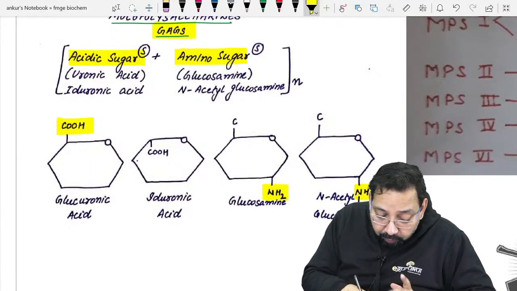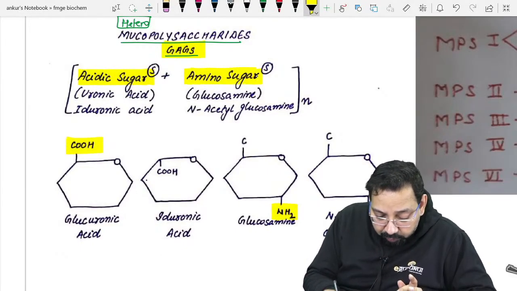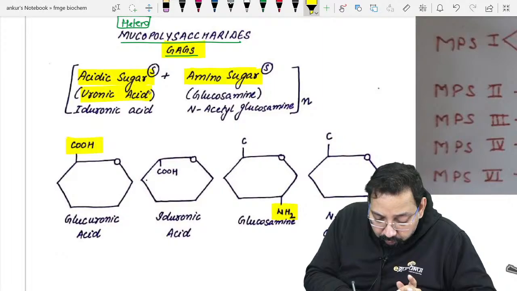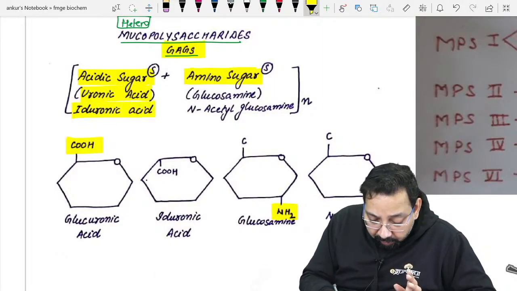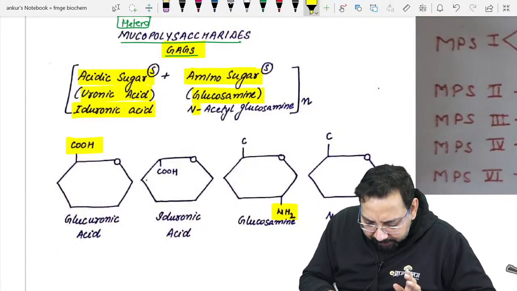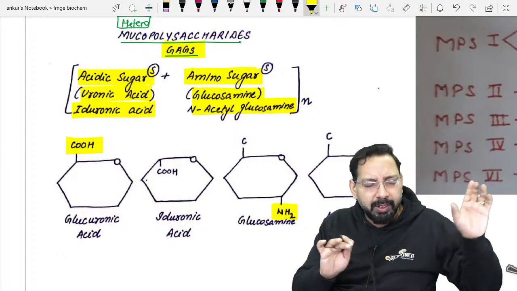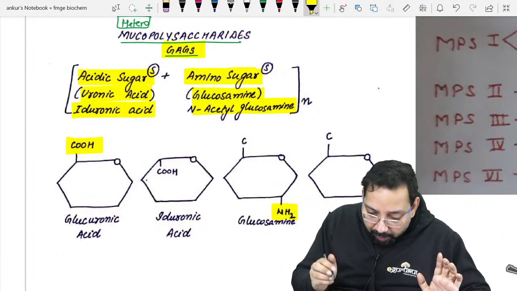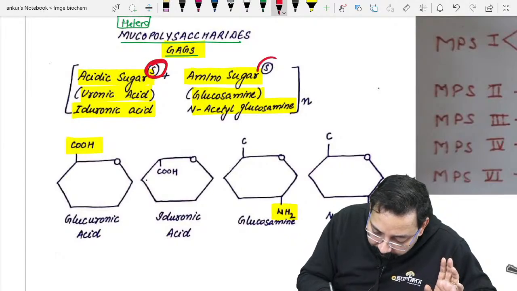Even if you don't remember, just remember one is acidic sugar, one is amino sugar. Acidic sugar is uronic acid or iduronic acid. Amino sugar may be glucosamine and acetyl glucosamine. One acidic sugar, one basic sugar, and in mucopolysaccharide they have sulfate.